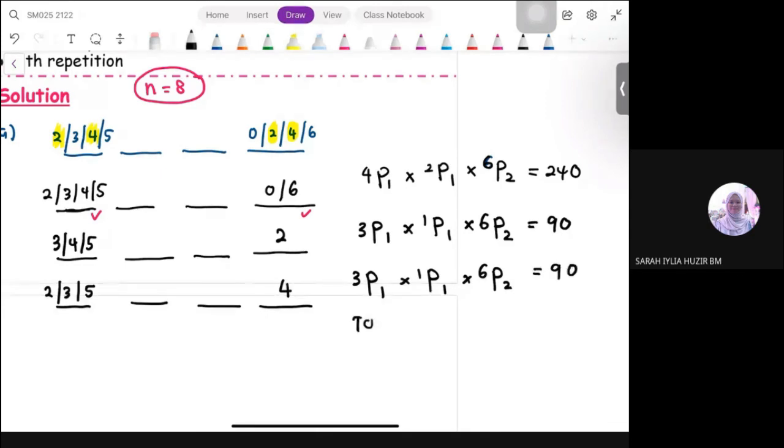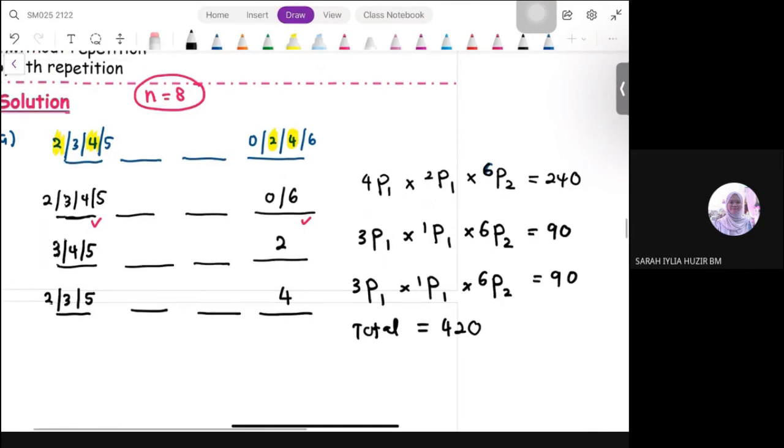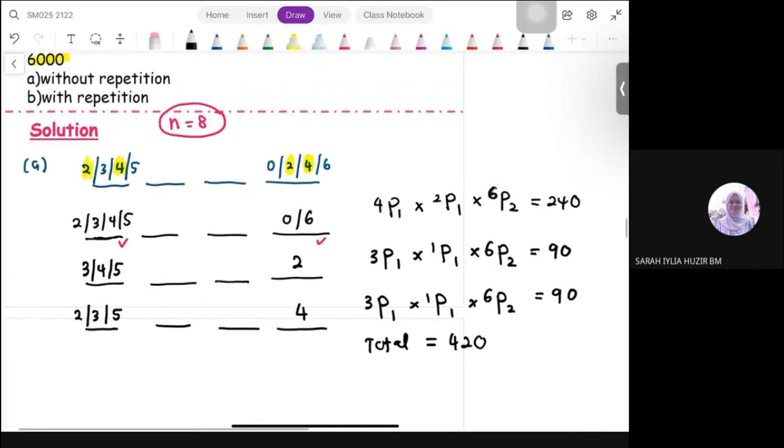To find the total way, you have to sum this up. So our final answer should be 420. Okay. Dia tedious sikit, awak kena hati-hati, but then konsep dia senang, calculation dia senang. Awak kena careful with the condition. Alright, that's for the first situation without repetition.